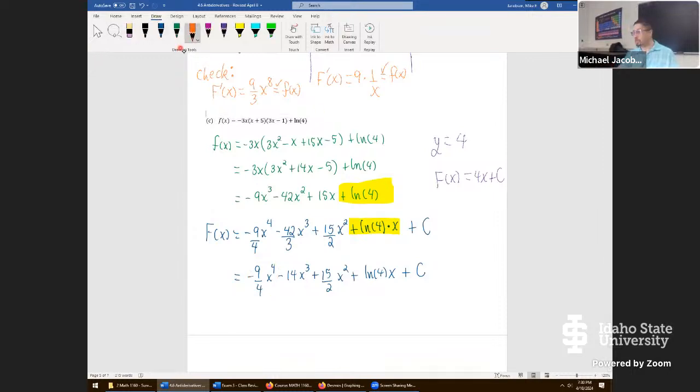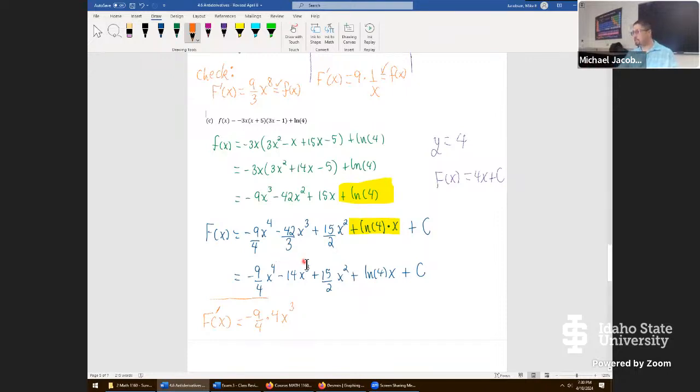But let's do it this way so it shows up on the paper better instead of eyeballing it. My check would be on paper usually something like this. F prime of x. Now we will get -9/4 times 4, because in differentiation, the first thing that happens is 4 multiplies. Then the next thing that happens is we drop the power. It's now power 3.